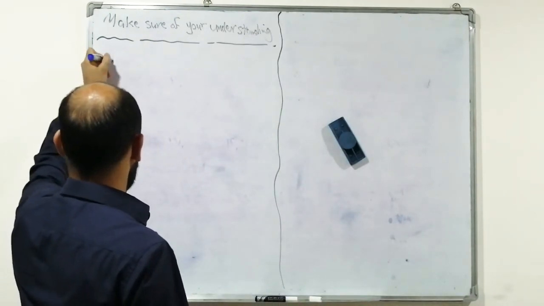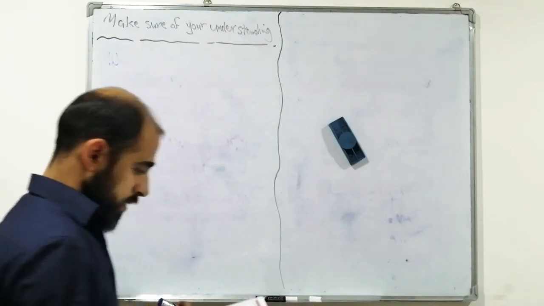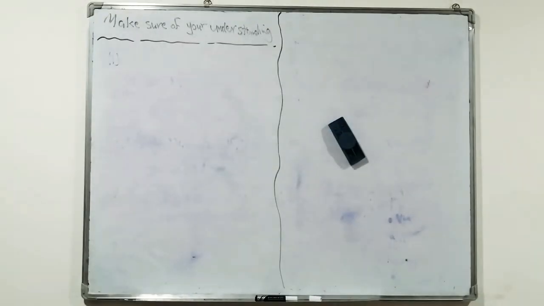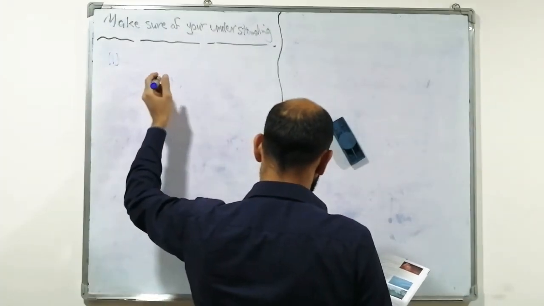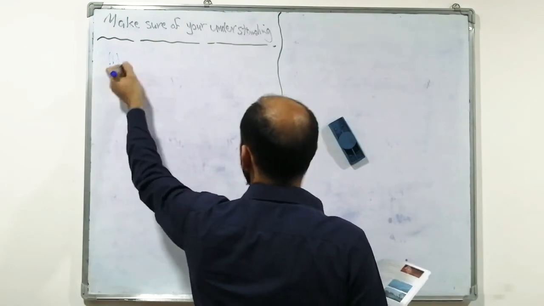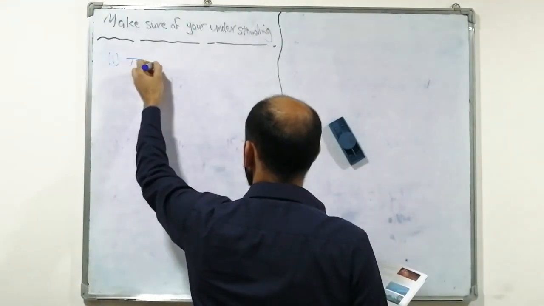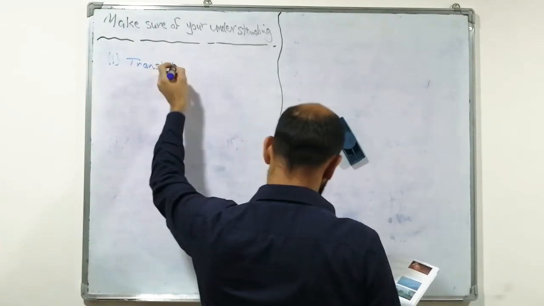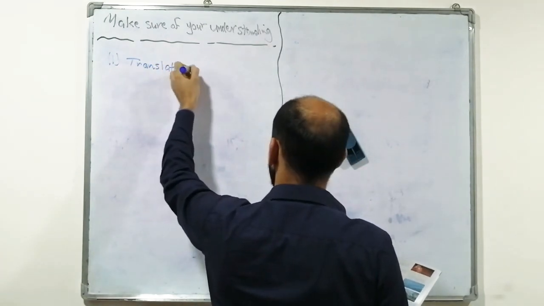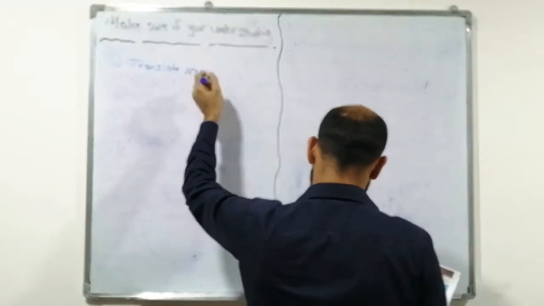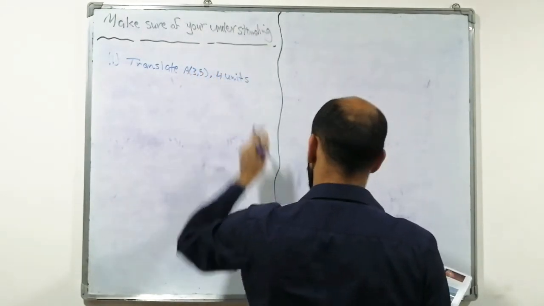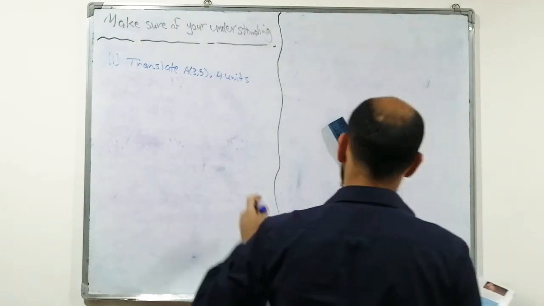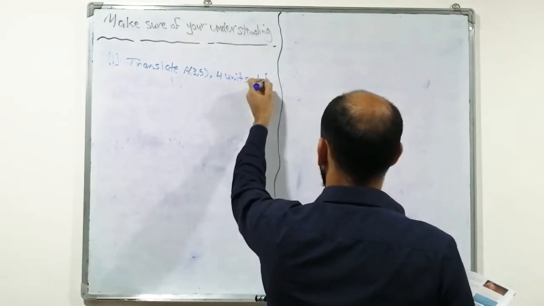Question 1: represent the following point and its image in the coordinate plane. The first one: translate the point A, which is (3, 5), 4 units to the left.